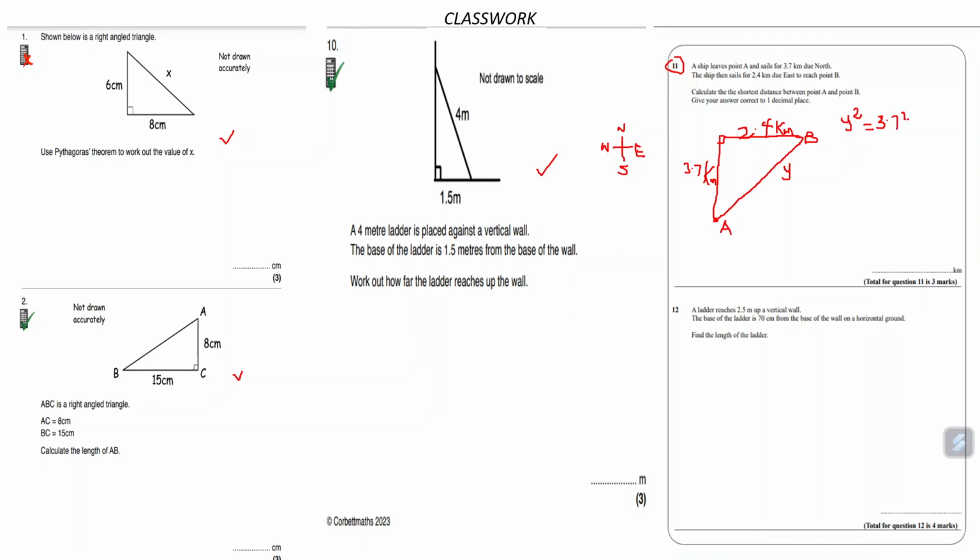3.7 squared plus 2.4 squared. So our y squared is equal to 3.7 squared, which is the same thing as 13.69, plus 2.4 squared, which is 5.76.